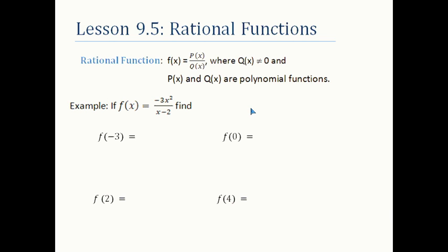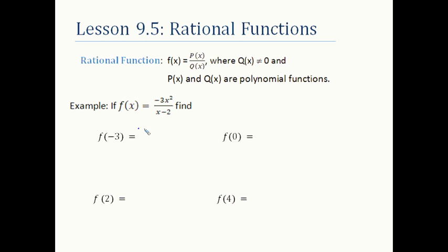To start, we're going to evaluate some numbers that we want to put in for x into the function. So here we have f of x equals negative 3x squared over x minus 2. And we want to find f of negative 3. Well, we know that f of negative 3 is just the value that we get when we plug in negative 3 for x.